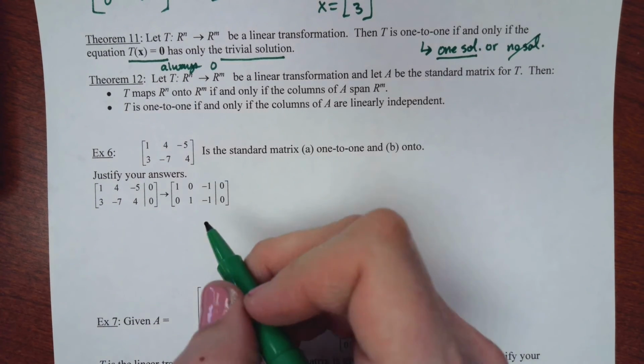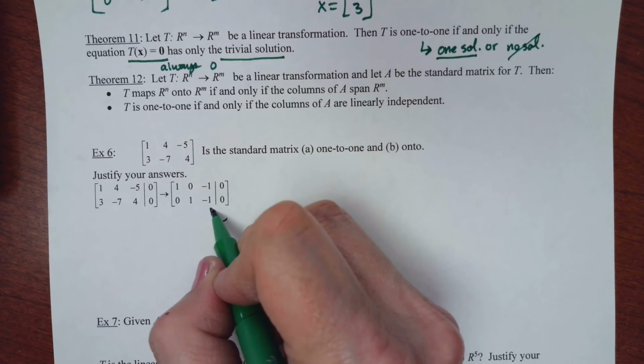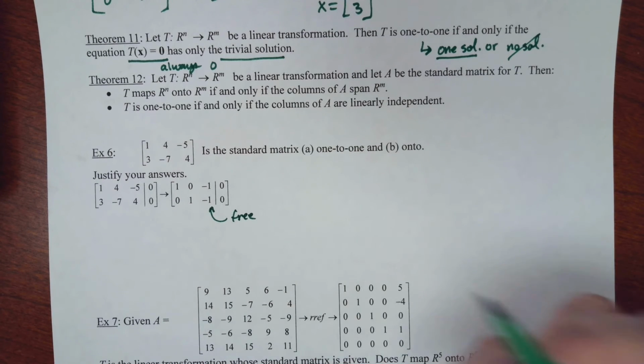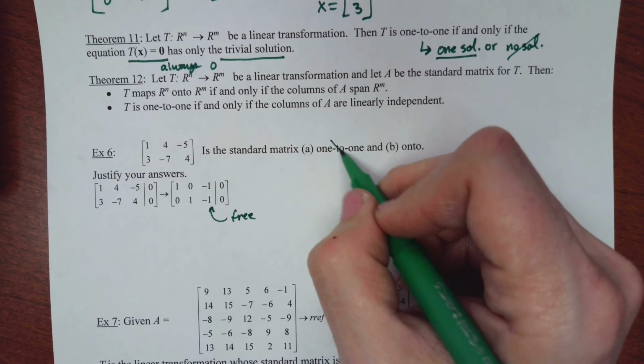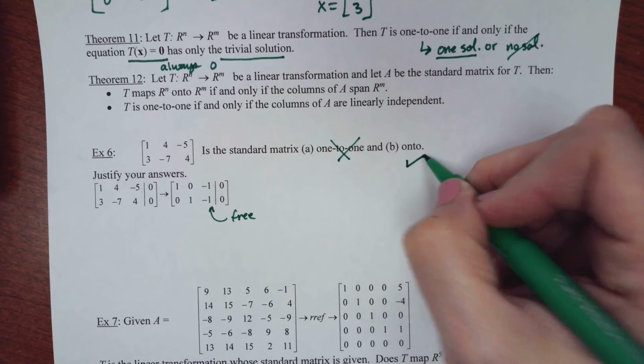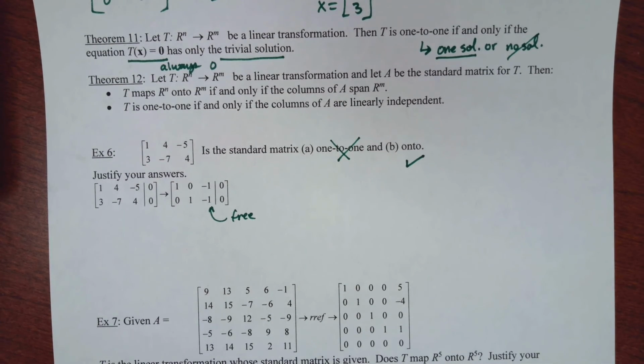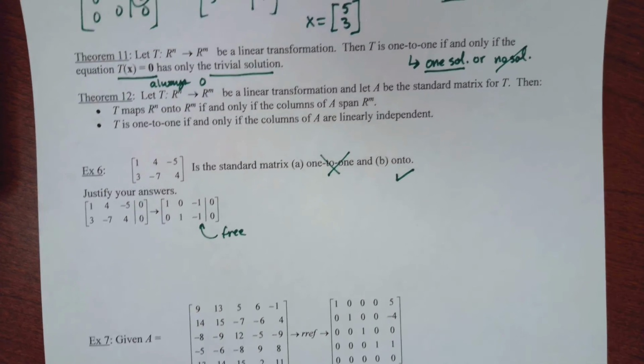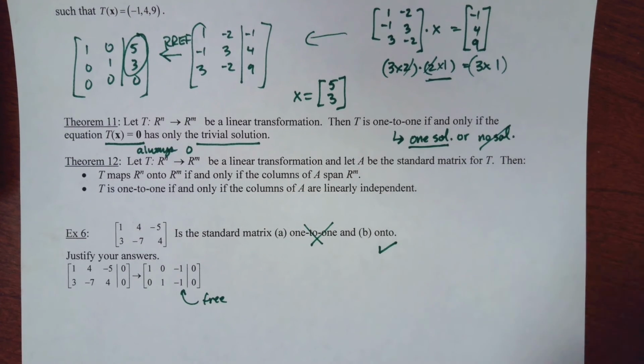When I look at that, I have a free variable, so it means I have infinite solutions, which means I cannot be one-to-one, but onto, yes. It also means I have something besides the trivial solution, so that's another reason why I can't be one-to-one.